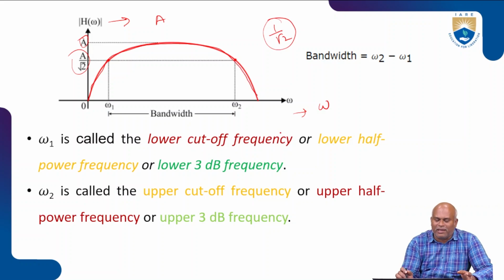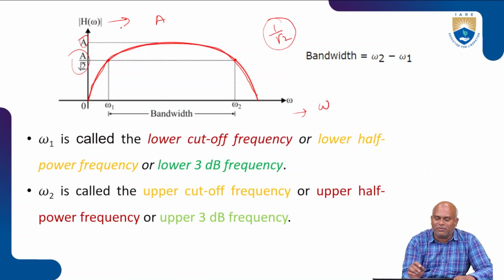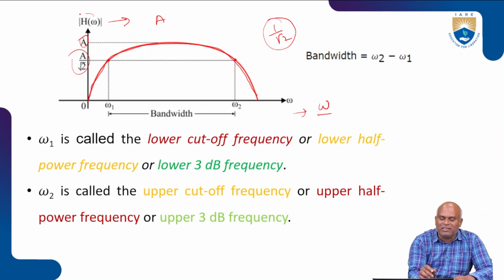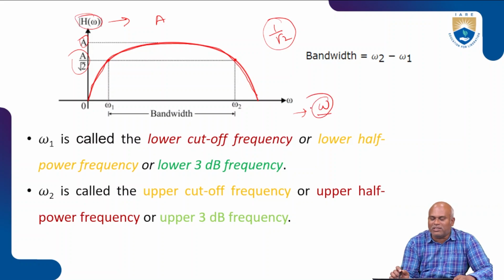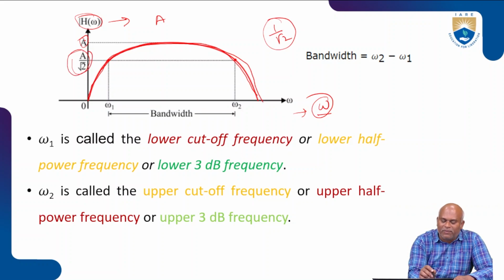We may draw the graph of the frequency response, mod of H of omega with respect to omega. That is the system performance in the frequency or spectrum domain. We draw the frequency response as this curve. Now, at 1 by root 2 of the magnitude, that is A by root 2, the line touches the frequency characteristic.